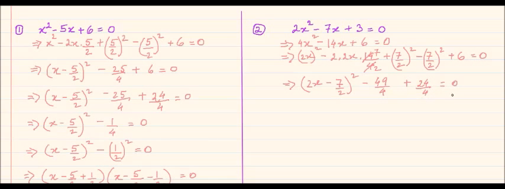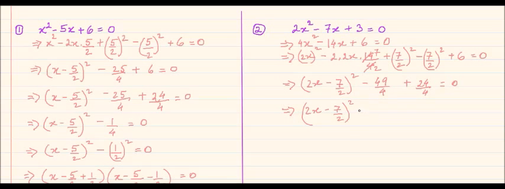Equal to 0. And this part is kept as it is: (2x − 7/2)² minus 49 by 4 and plus 24 by 4.